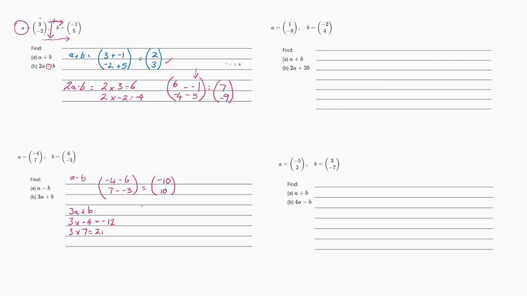So let's put it all in our new vector. So we have -12 and we have 21, and it's an adding, and B hasn't changed, so that's 6 and -3.